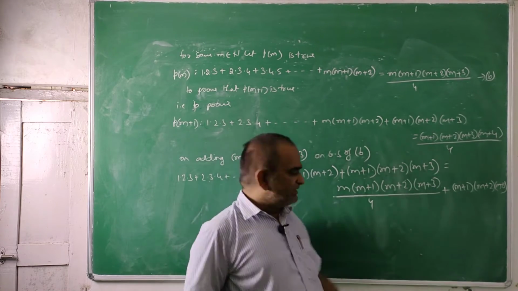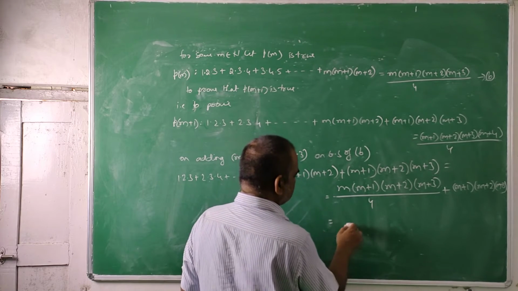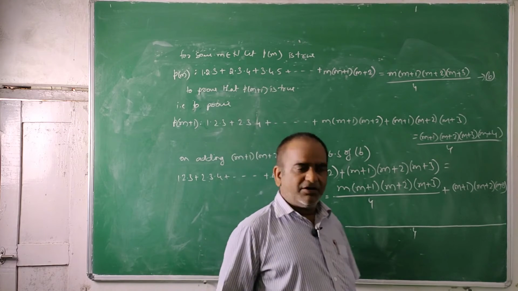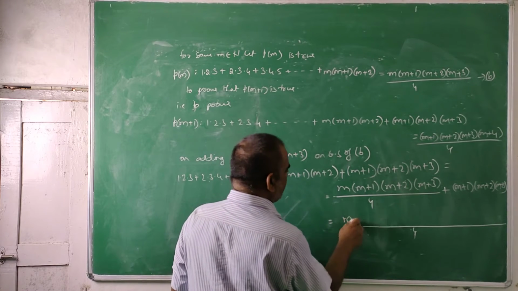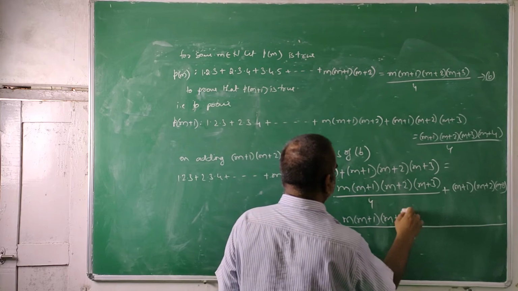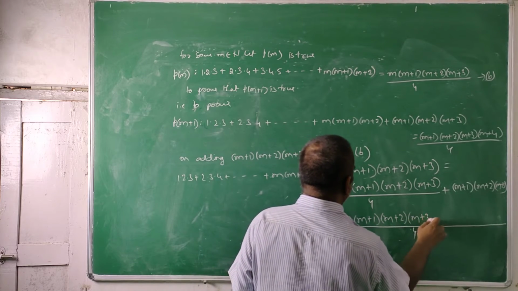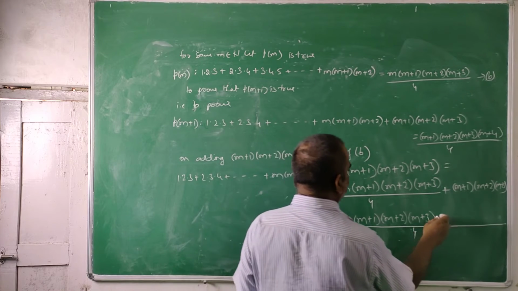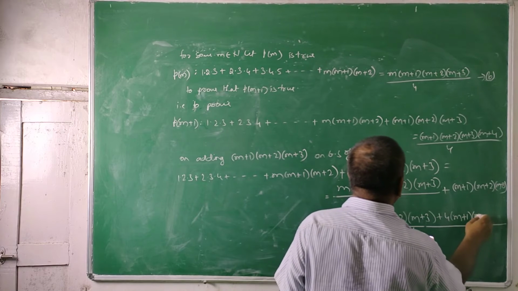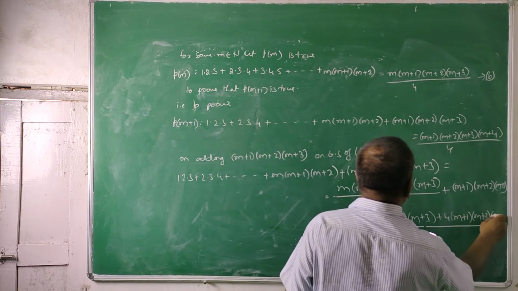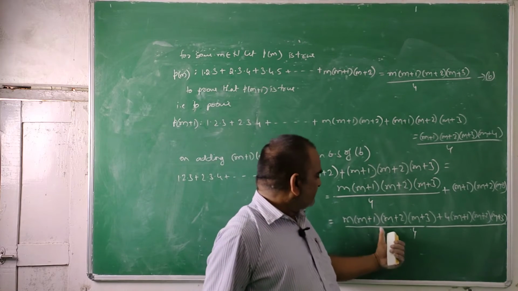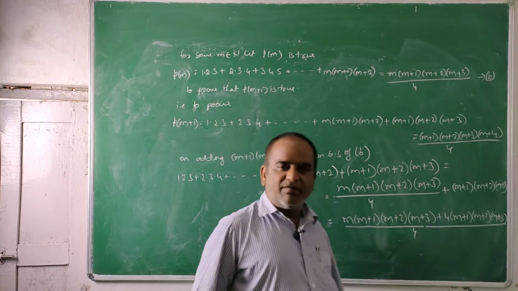Now if you take the LCM 4, then what do you have? m into m plus 1 into m plus 2 into m plus 3 plus 4 into m plus 1 into m plus 2 into m plus 3. Now take m plus 1 into m plus 2 into m plus 3 common.